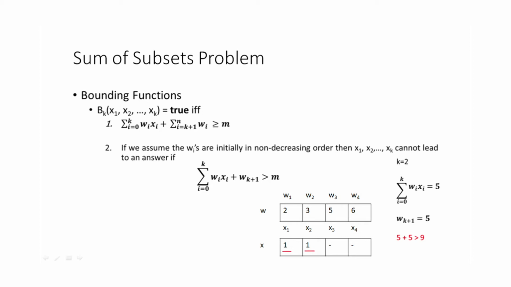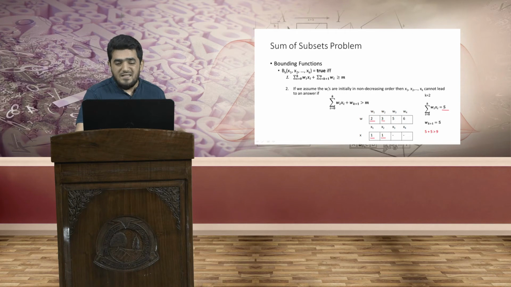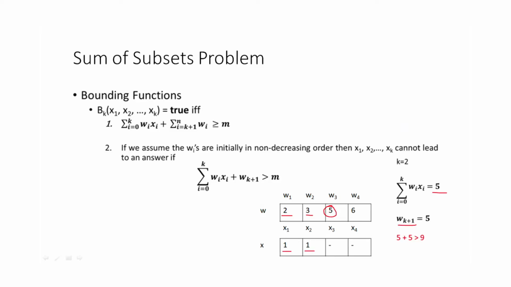So the sum of the weights so far is simply 3 plus 2, which is equal to 5, and the immediately next weight that we have to decide whether to consider or not, which is w of k plus 1 here, is 5. So the sum here is greater than 9.